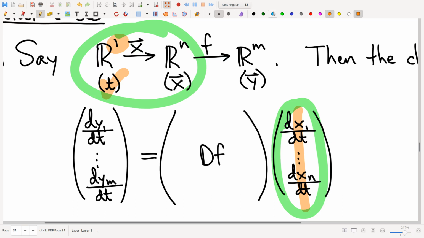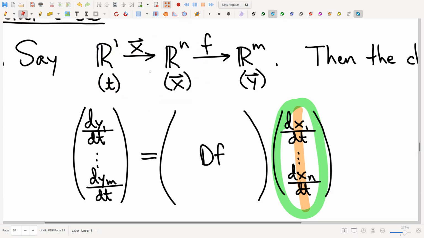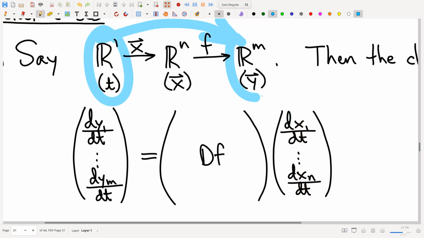Okay, now let's look at the composition. The composition goes like this. The composition gives me position in Rm as a function of, again, the one variable, which I can view as time. So what I have here, the composition, is another parametric curve.